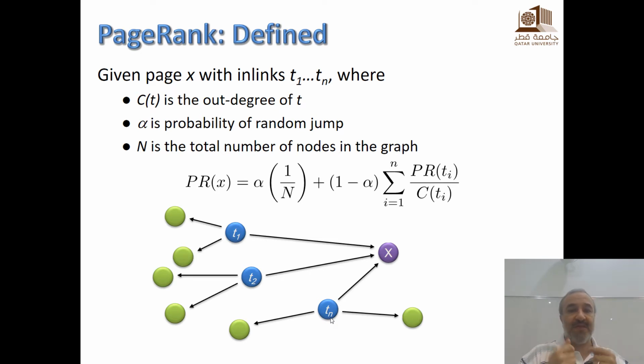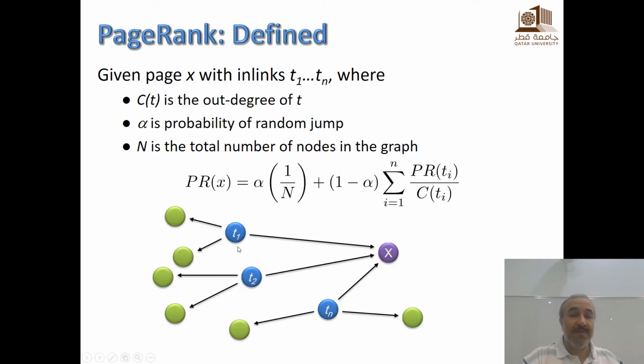So it is intuitive that the PageRank of X will be a function of PageRank of the in-links. Okay, so as you see here, PageRank of X is a function of PageRank of Ti, where i is from 1 to n. This n is the number of the in-links of X.